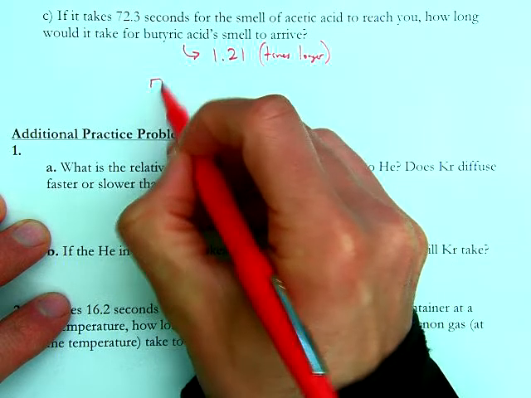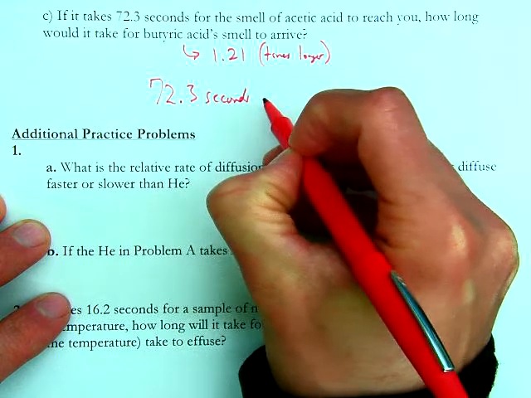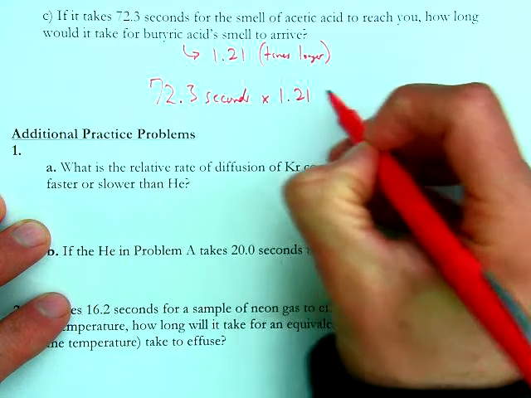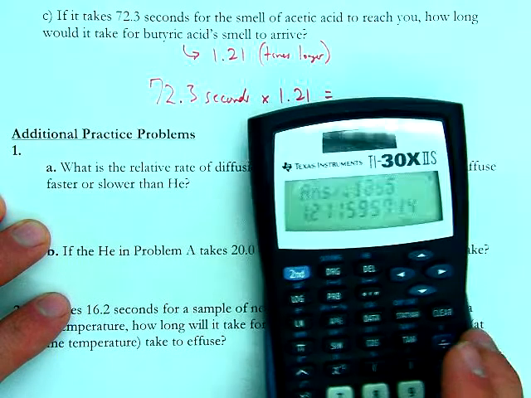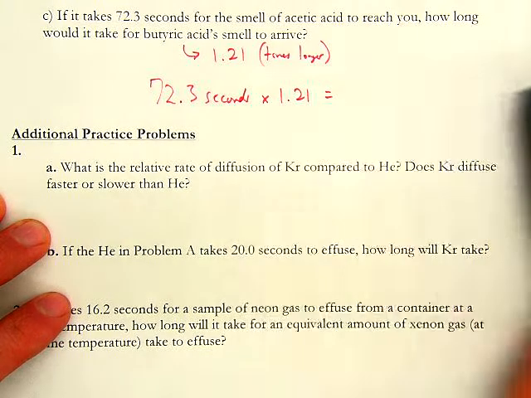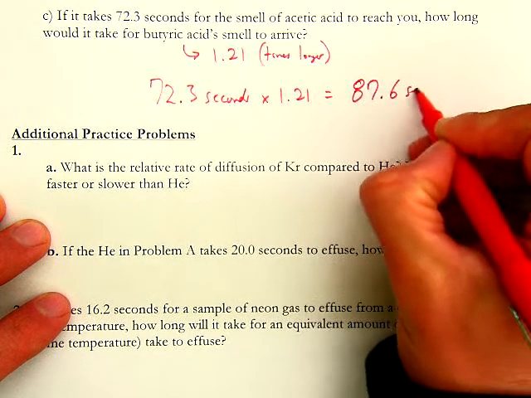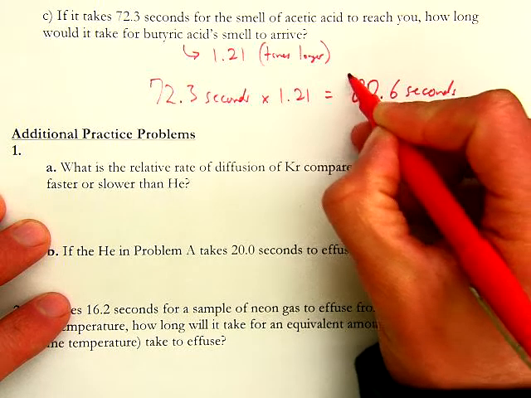So all we have to do here is take 72.3 seconds times 1.21. So this number is still on my calculator, just say times 72.3, and it'll be about 87.6 seconds.